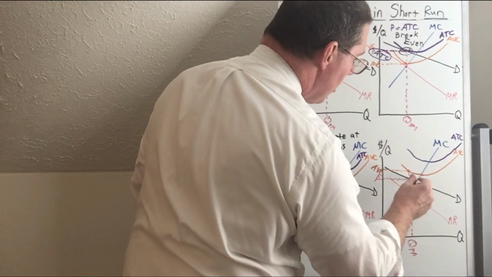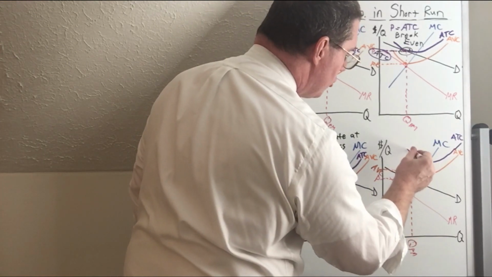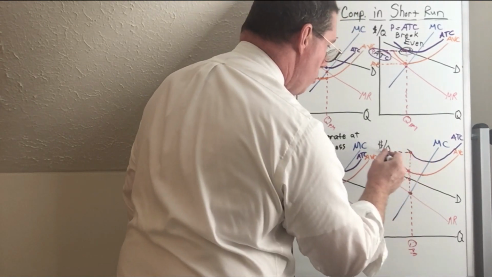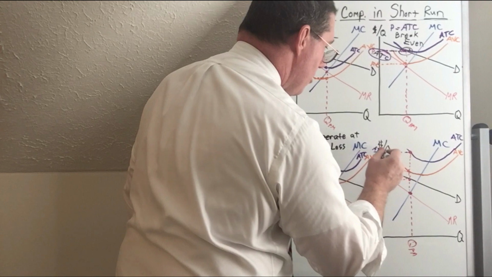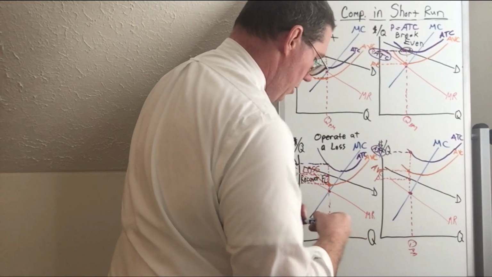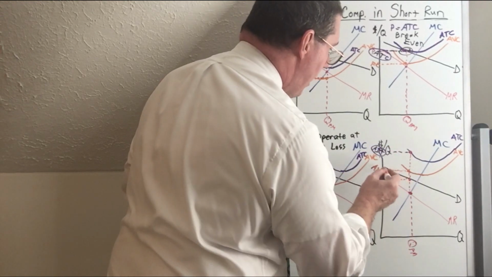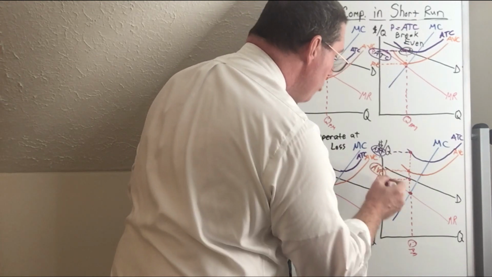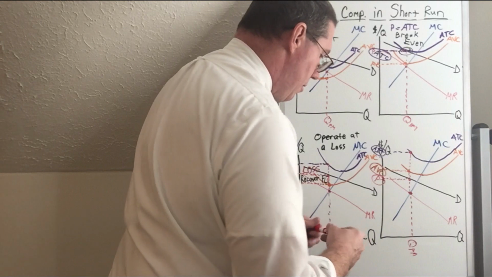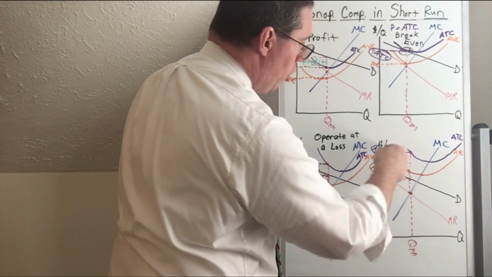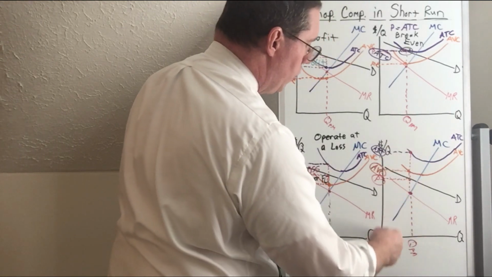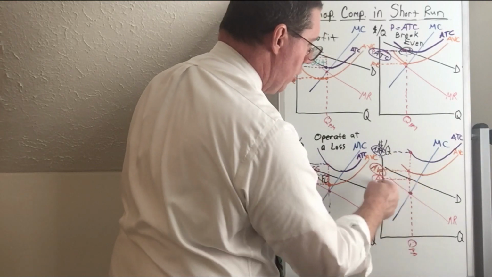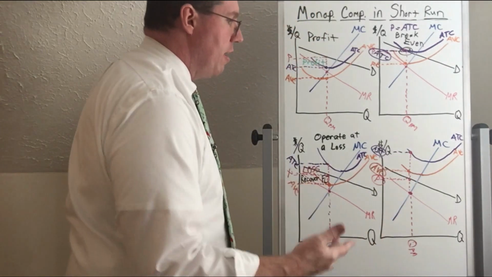But even worse, if we take this all the way up to the average total cost curve, you can see that the average total cost is way up here, ATC. So average total cost is larger than average variable cost, like it's supposed to be, but both of those are larger than the price. And so now our total cost is way larger than our total revenue, and our variable cost is larger than our total revenue.